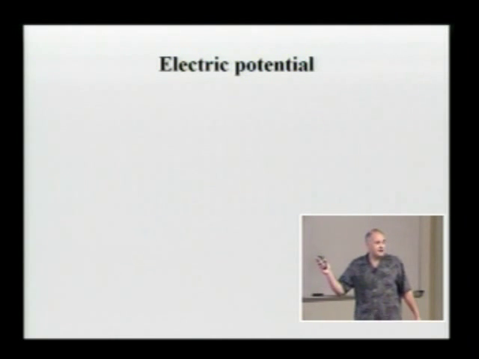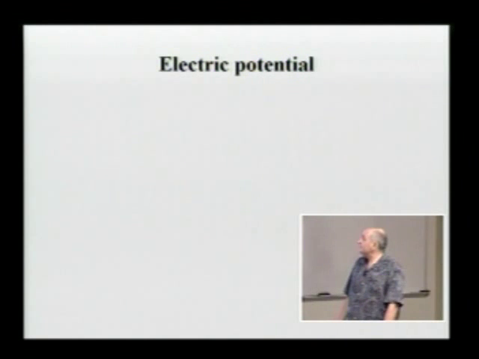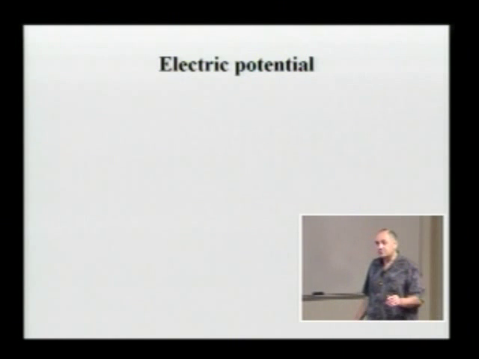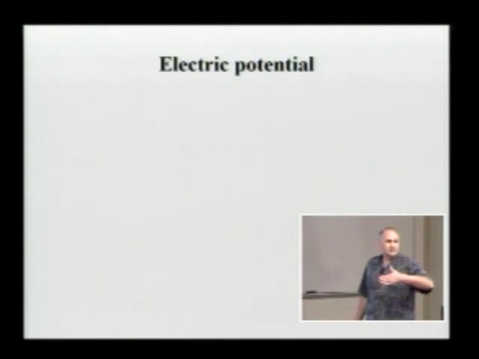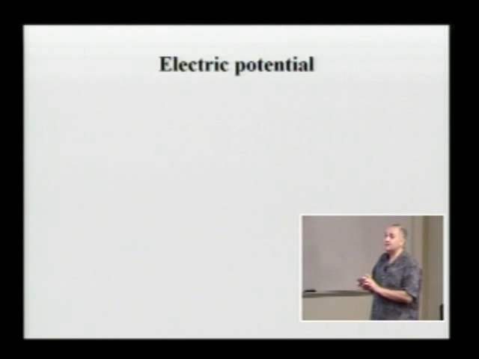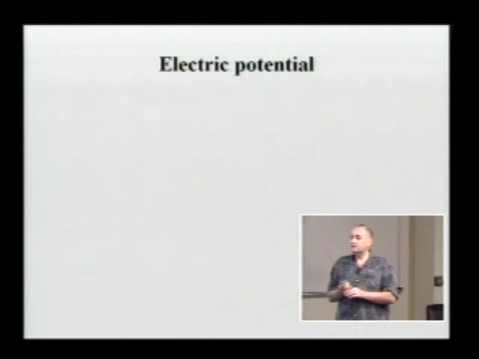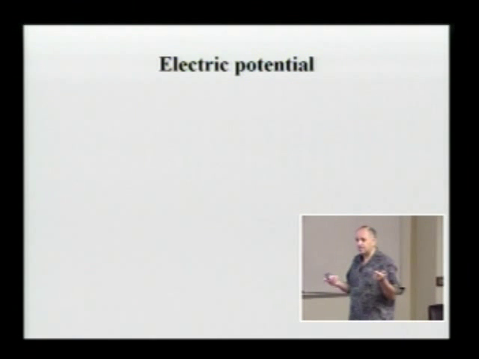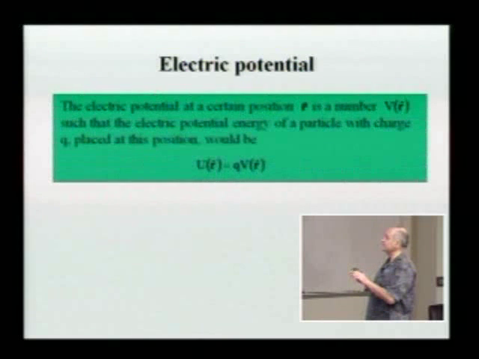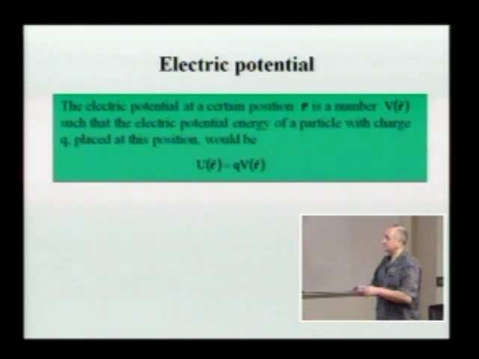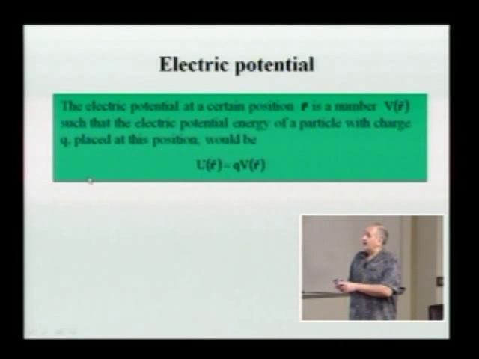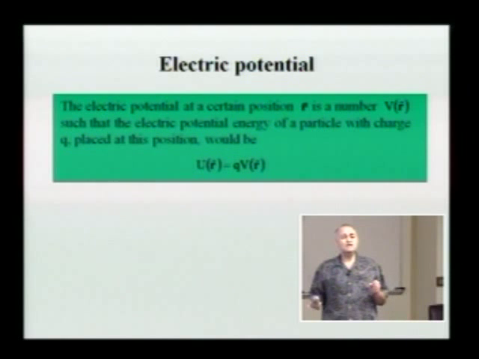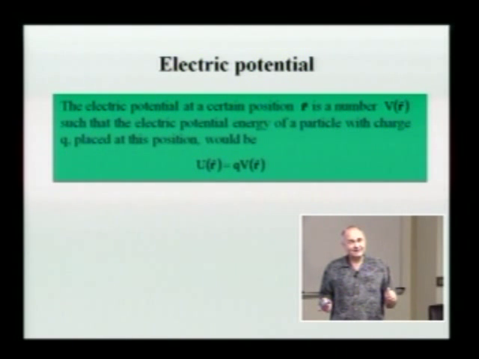And potential is a physical quantity which characterizes the electric field, the region, and leads to work, or more precisely to potential energy, because potential energy was introduced for the purpose of calculating work. So I phrased this definition in a way very similar to the definition of the electric field vector.